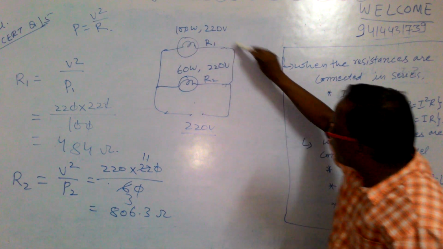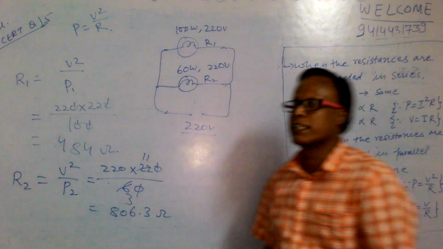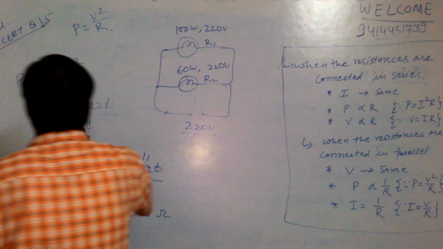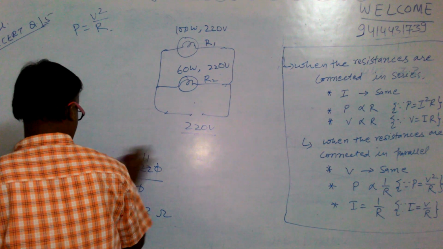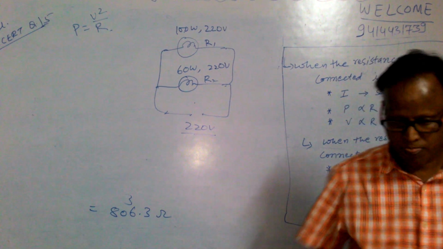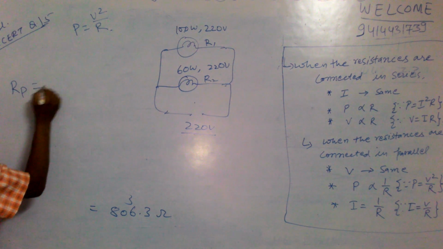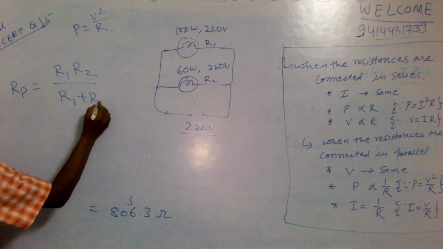Now we calculate the effective resistance of the circuit. It is a parallel combination. When two resistors are connected in parallel, their effective resistance is R1 R2 upon R1 plus R2. Effective resistance of the combination, say RP, is R1 R2 upon R1 plus R2.